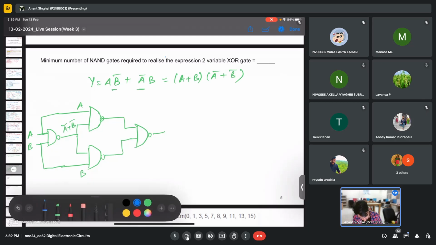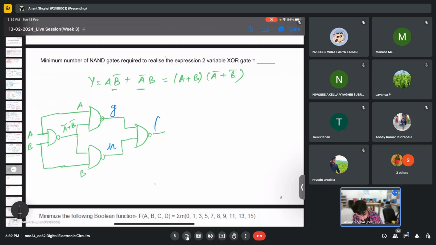We're using the notation G, H, and F. G will be A times A complement plus B complement, whole complement, and that will give you A dot B complement, that is A complement plus B. And I have an H that will give you B dot A complement plus B complement, which is equivalent to A plus B complement.